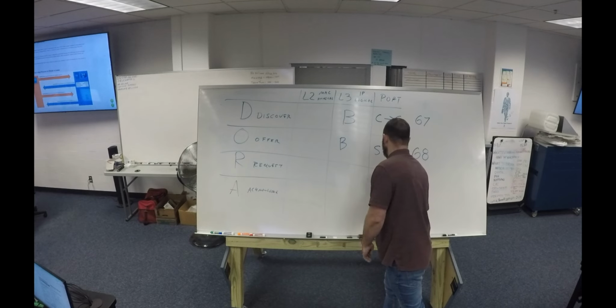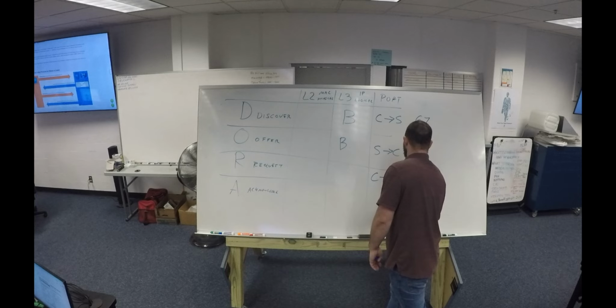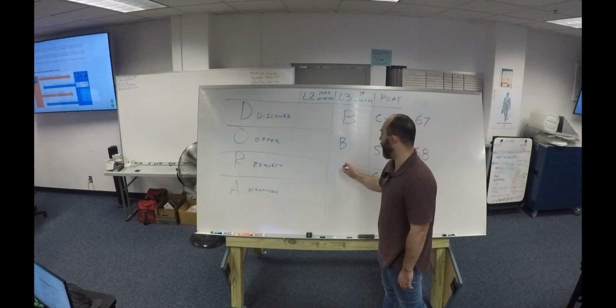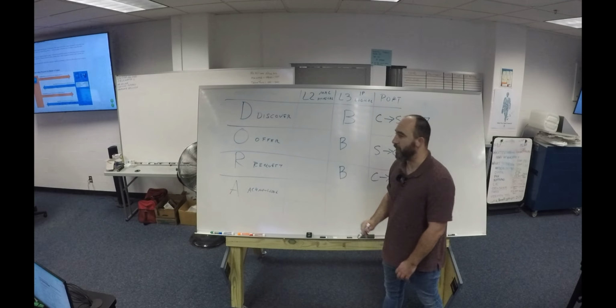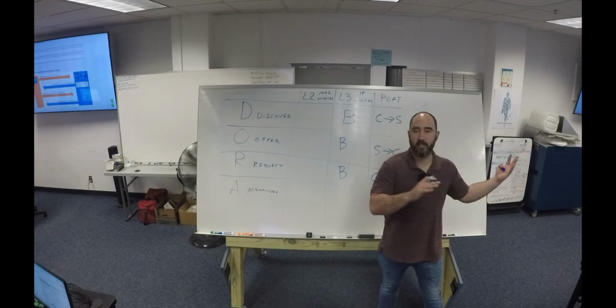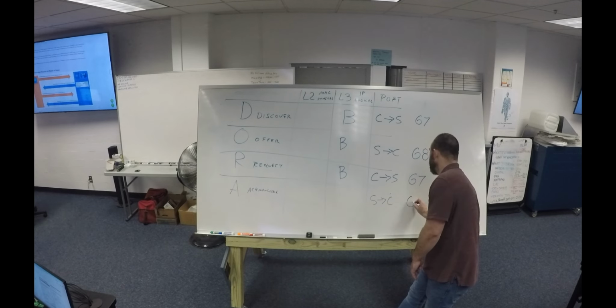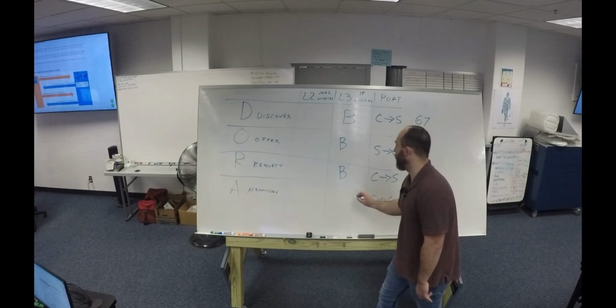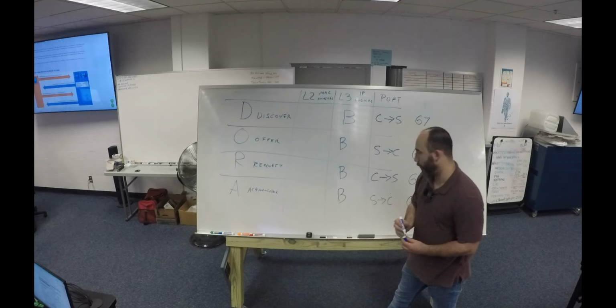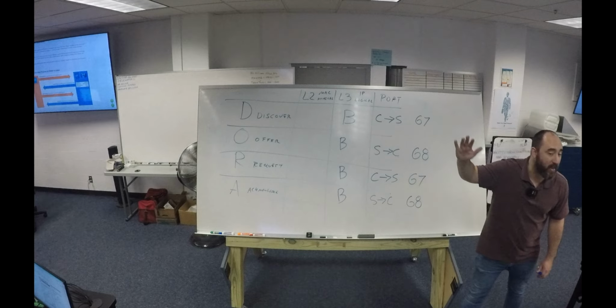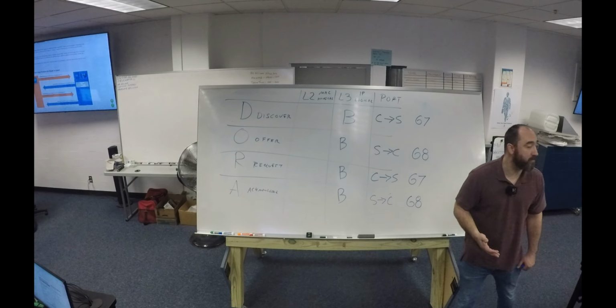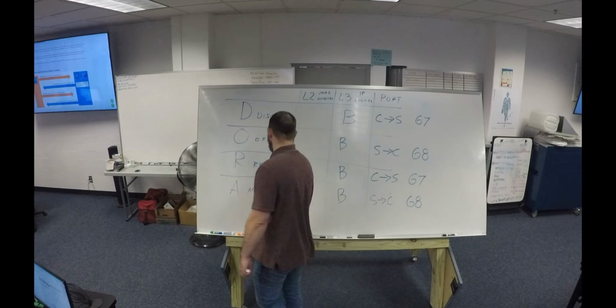Client to server, which means the port number is 67, and that is also a broadcast. And the acknowledgement is server to client, which means port number 68, and that is also a layer 3 broadcast. Now, after all that's done, finally you'll have an IP address, a subnet mask, etc.